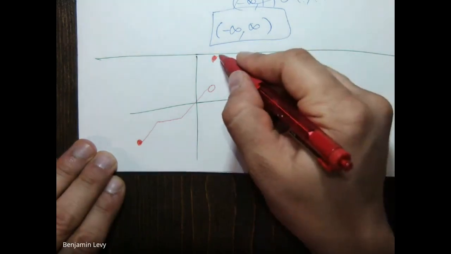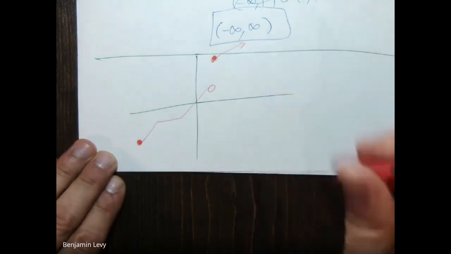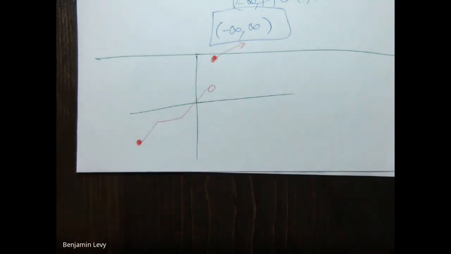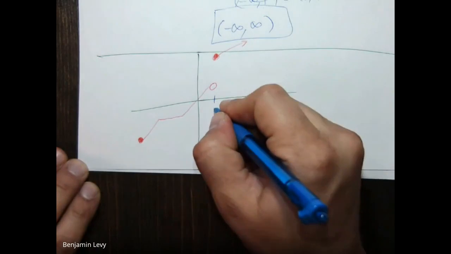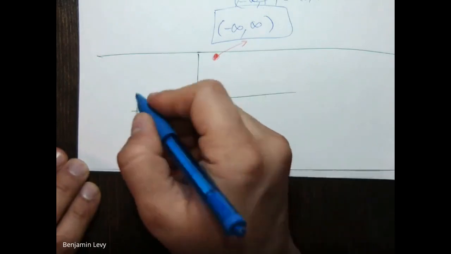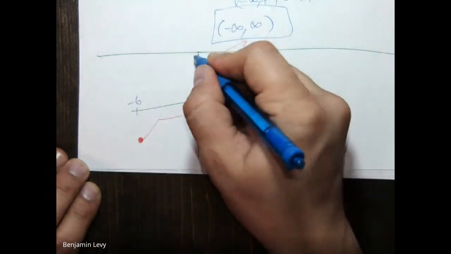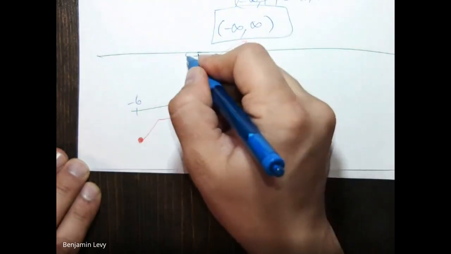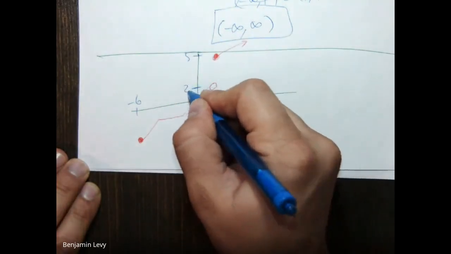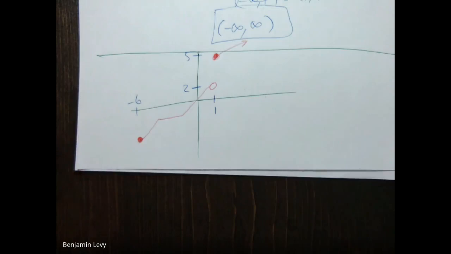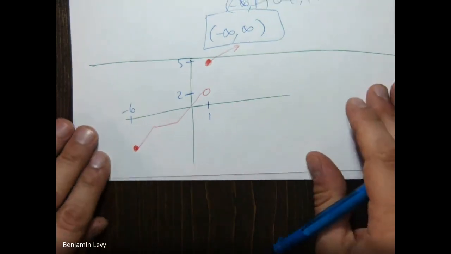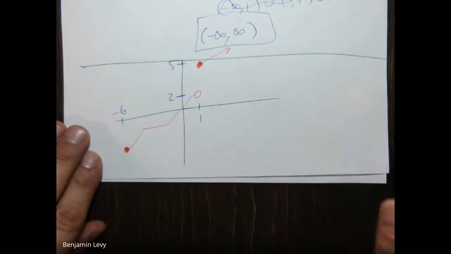And let's just have this one go up. And let me put some markers on them. Say this is the point 1, this is the point -6, this is the point, say 5, and let's say that's 2. So just totally made it up.